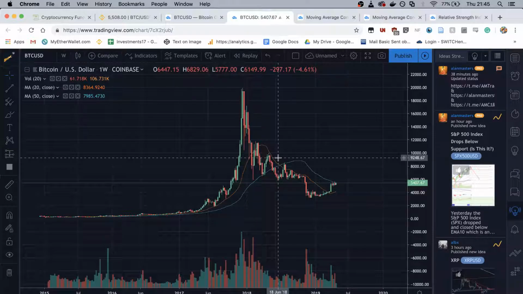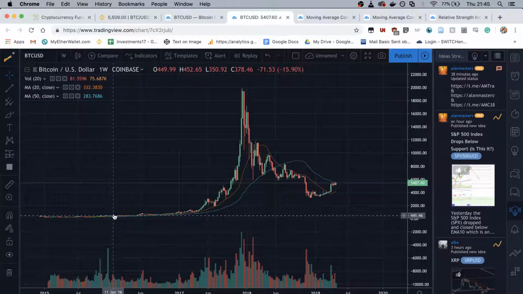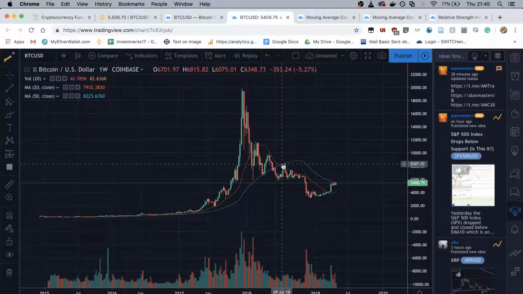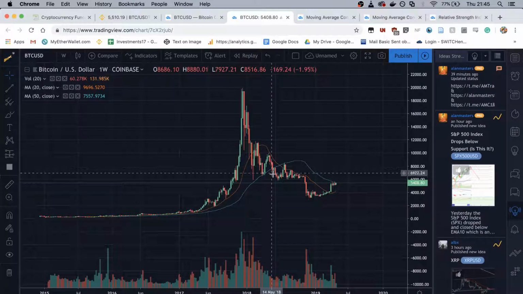Now, if you would just use that strategy to buy when it crosses, you would have bought somewhere down, maybe somewhere around down here, and you would have sold when Bitcoin crossed at around $6,000 or $7,000, and you would have made a hefty profit.